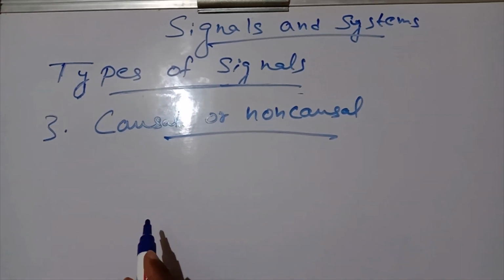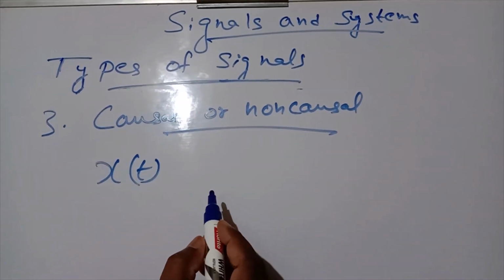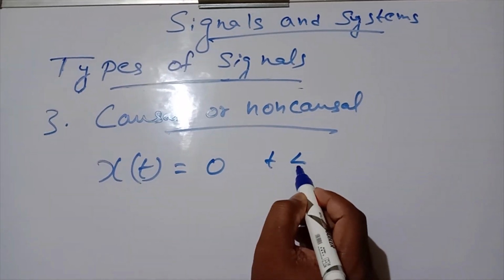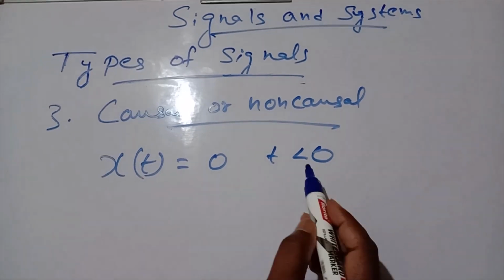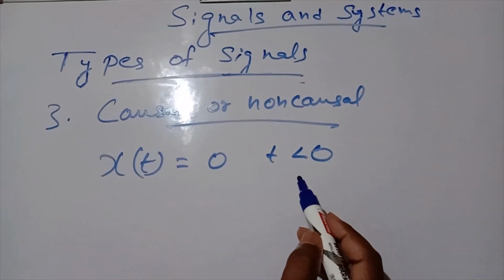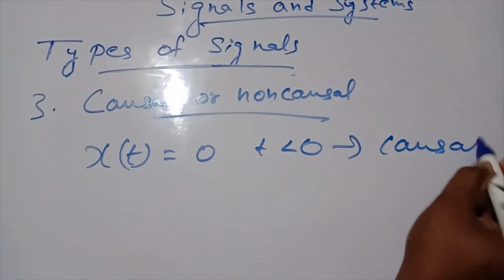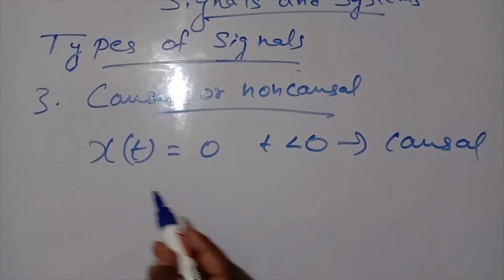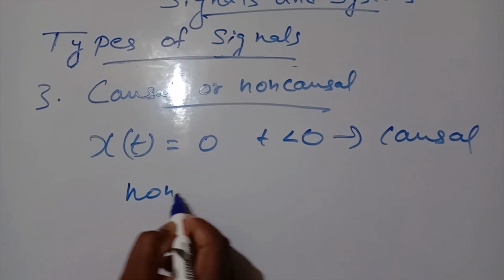A signal x of t is said to be causal if and only if it is equal to 0 for t less than 0. If the signal x of t is 0 for t less than 0, then it is said to be causal. Otherwise, it is known as non-causal.